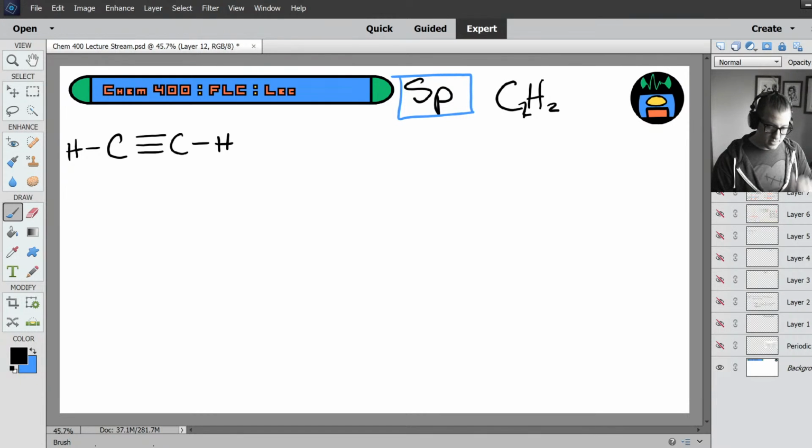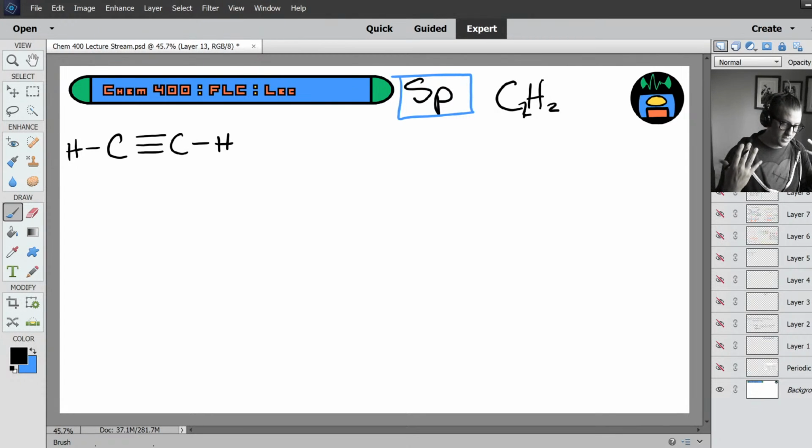Now, in this molecule the carbons have a linear VSEPR geometry, and we're going to explain this phenomenon with a new type of hybridization called sp hybridization.